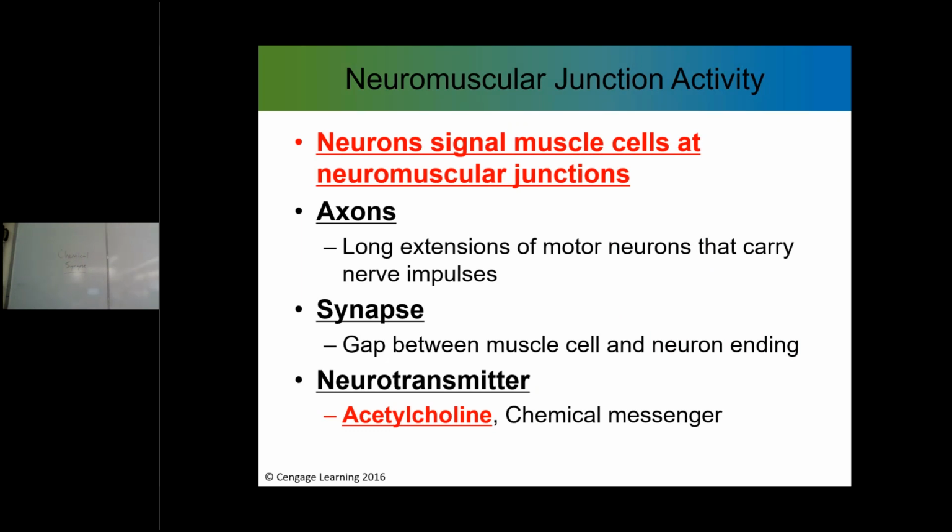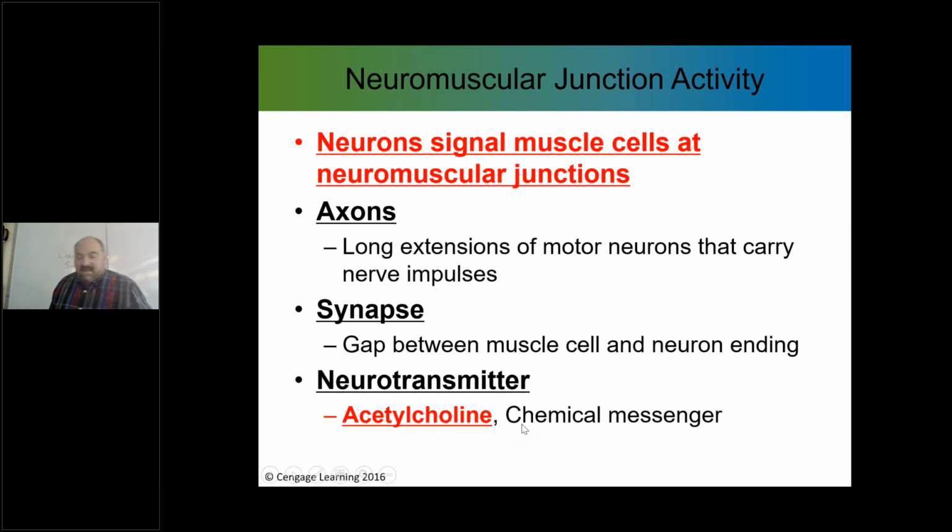So the term synapse has to do with communication, right? That synaptic cleft, that's the proper term, right? It's a gap between the muscle and the neuron ending, right? The axon is what's actually reaching out to the muscle, okay? When you think of nerves and such, you're thinking of axons, extensions of the neuron.